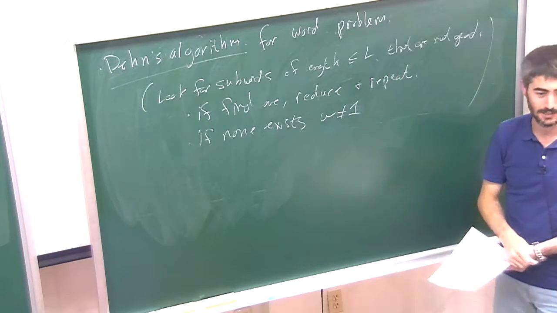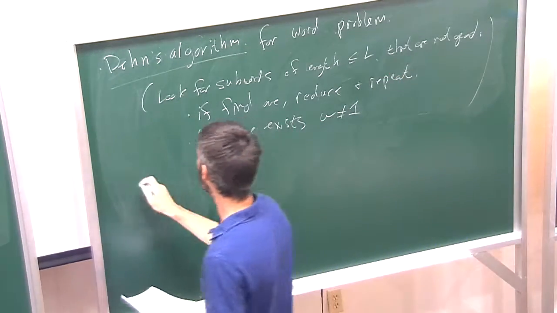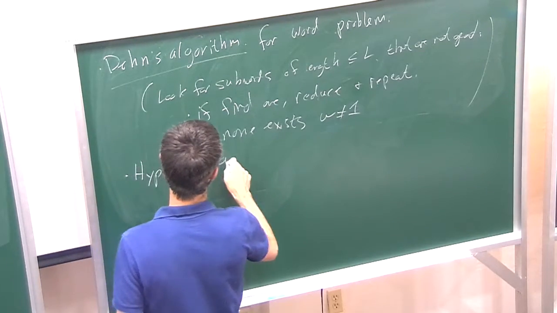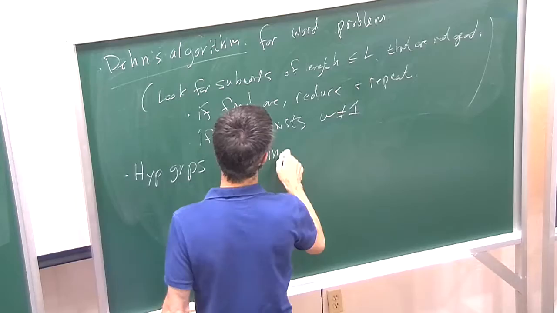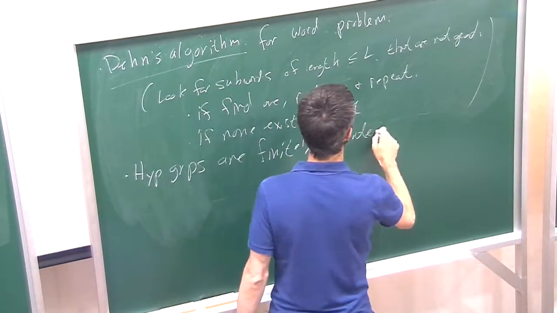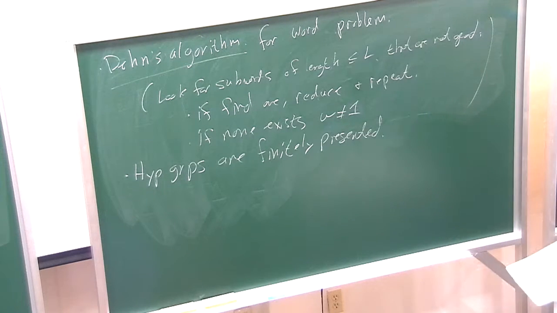You can also see from this that hyperbolic groups are all finitely presented. Given the generating set, there's a finite list of words in the generators that give you all the relations. And what are they?